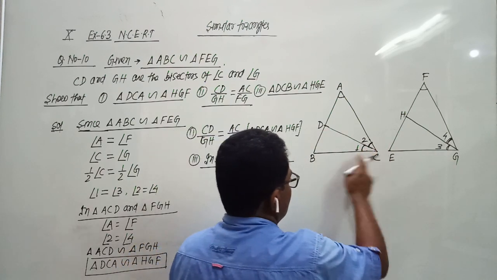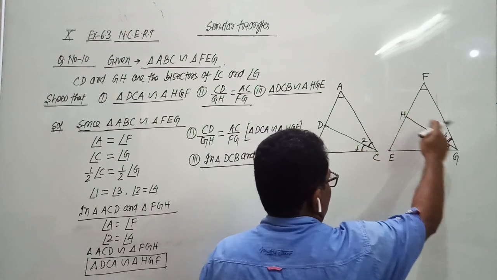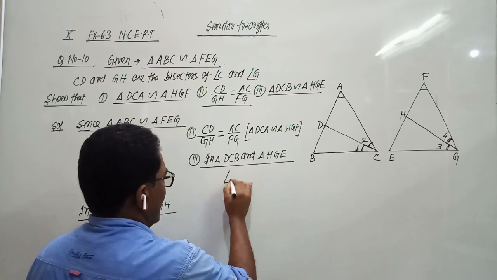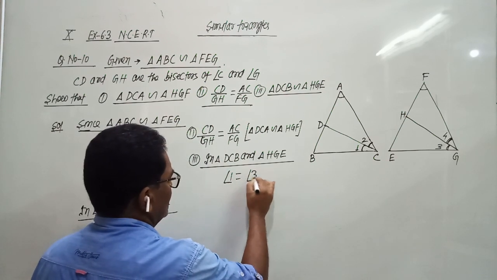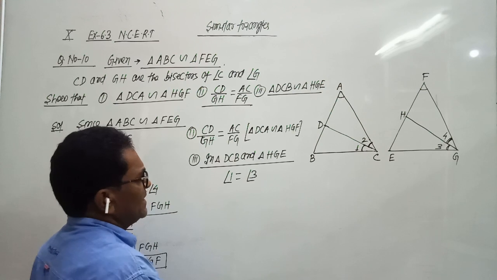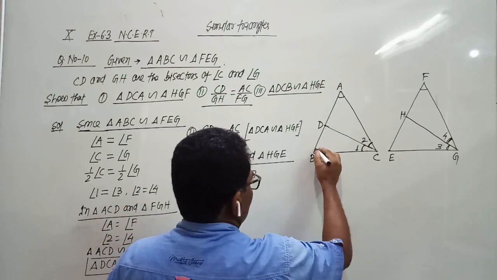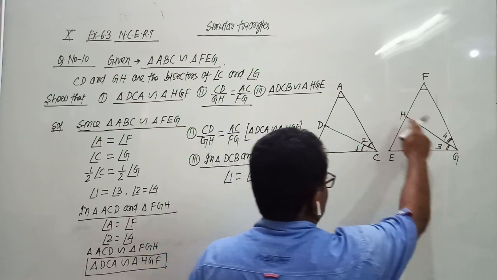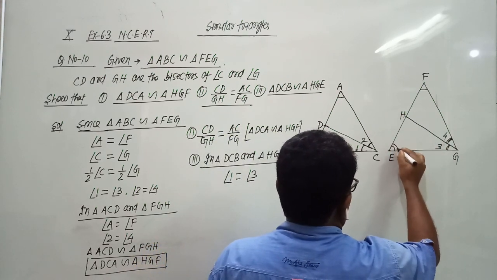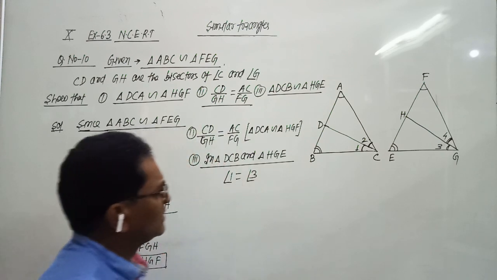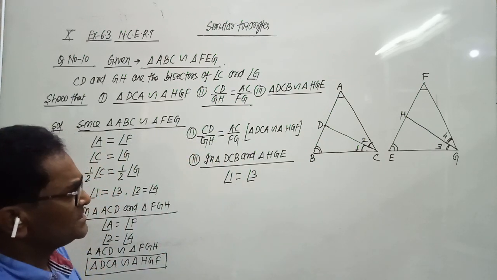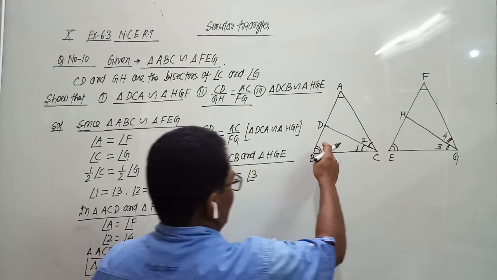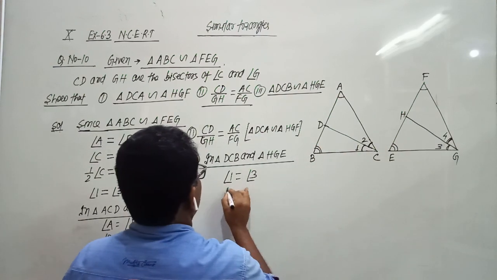In triangle DCB there is angle 1, and in triangle HGE, angle 3. So in both the triangles, angle 1 equals angle 3. And in triangle DCB, angle B, and in triangle HGE, angle E. So angle DBC equals angle HEG, or we can write angle B equals angle E.